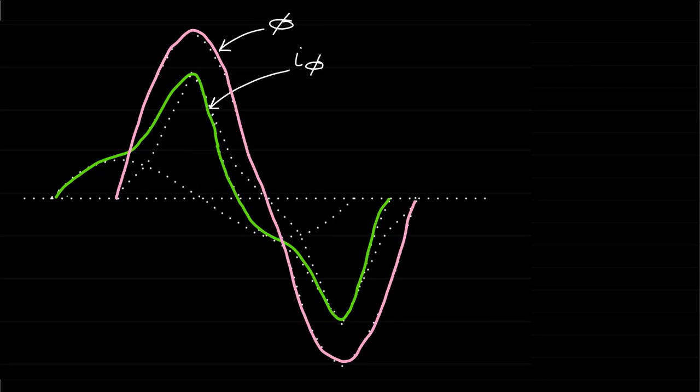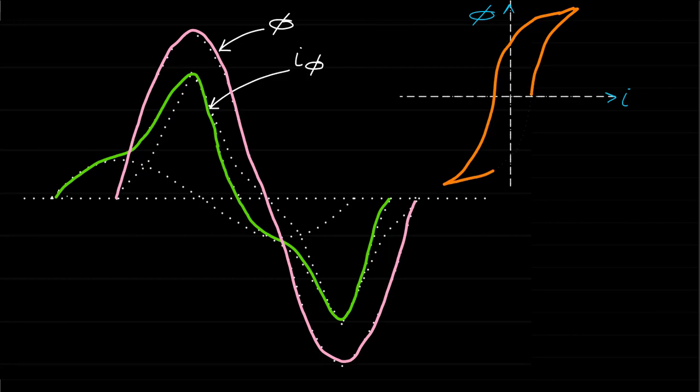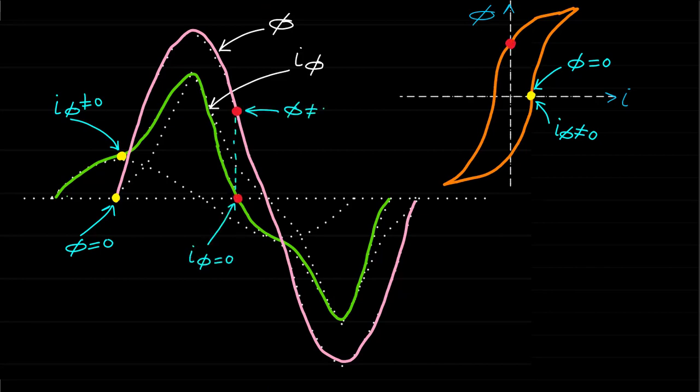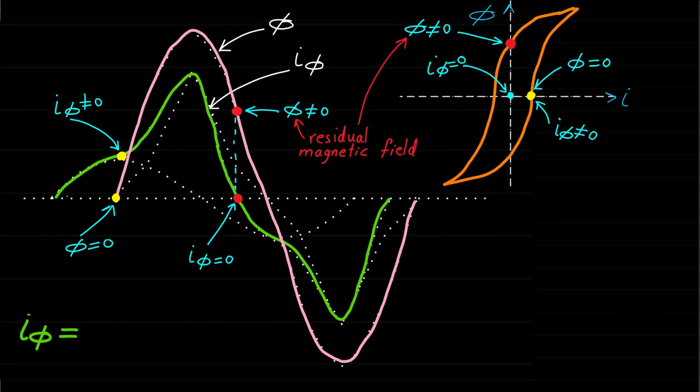One interesting point here is that there is some current drawn by the magnetic circuit while no magnetic field is produced. This current simply represents the current drawn because of the hysteresis loss. The other interesting point is that there is some residual magnetic field while the current I phi is 0.